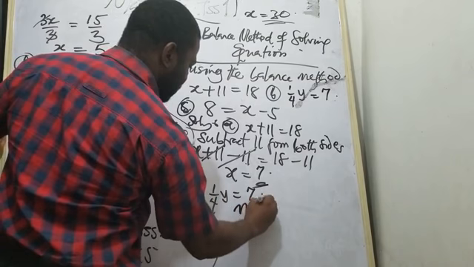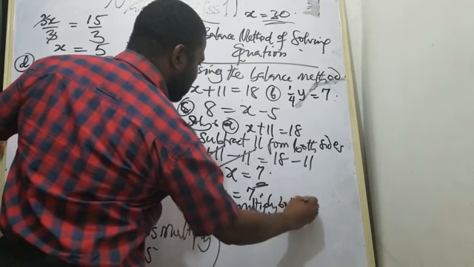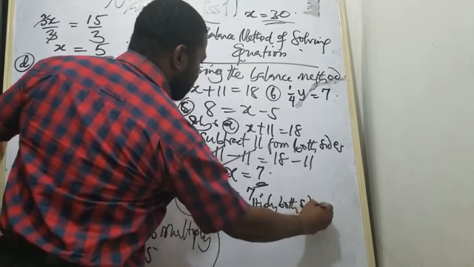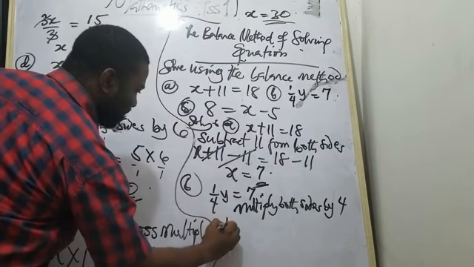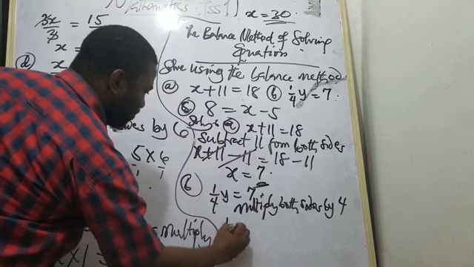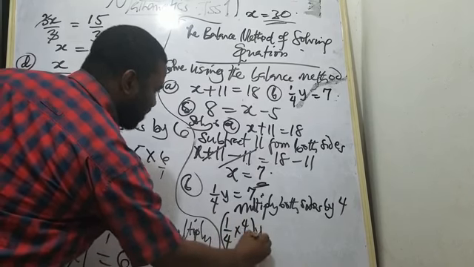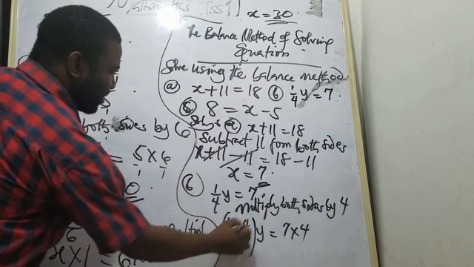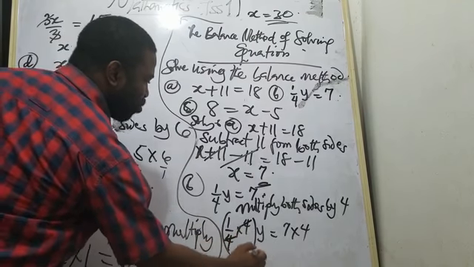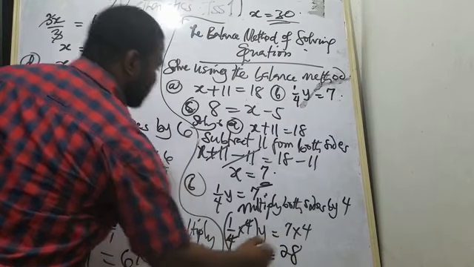Multiply both sides by 4, so that you have 1 over 4 times 4 y is equal to 7 times 4, okay? So that this will cancel this. 1 times y will give you y to be equal to 7 times 4, which is what? 28.